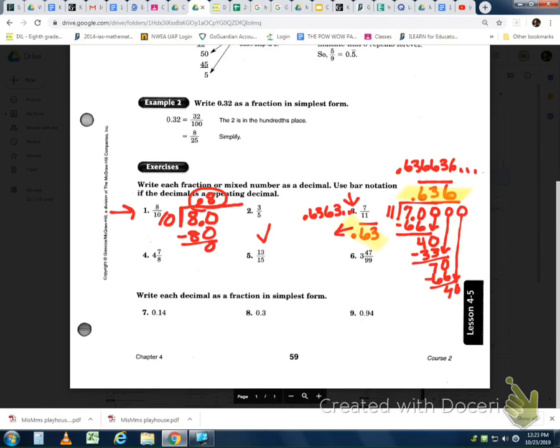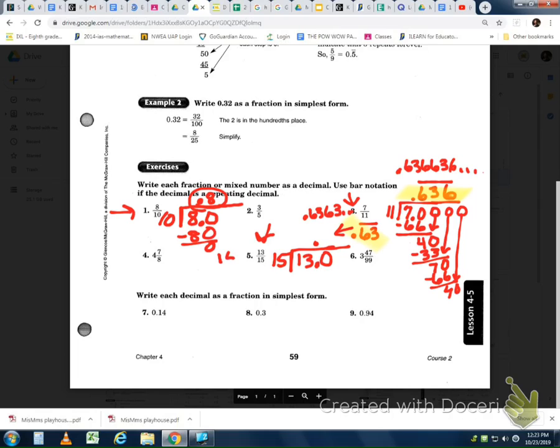Okay, number 5, 13 15ths. So let's go 13 divided by 15. 15 doesn't go into 13. I'm going to add a decimal and take it straight up and add a 0. Okay, this might be a little trickier. How many times will 15 go into 130? 6 times?